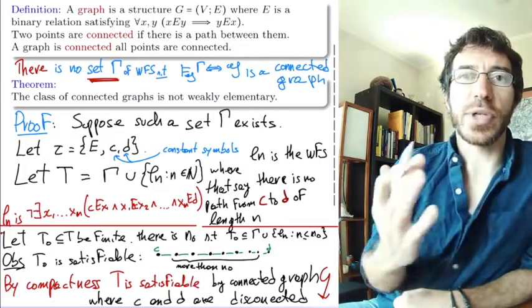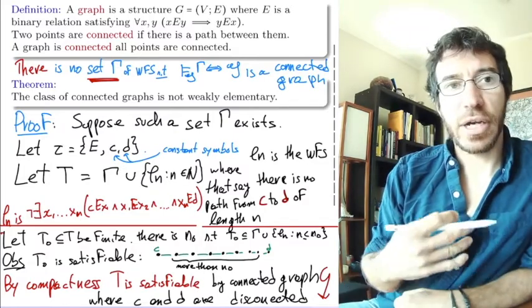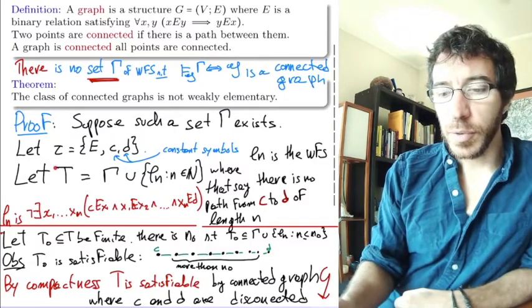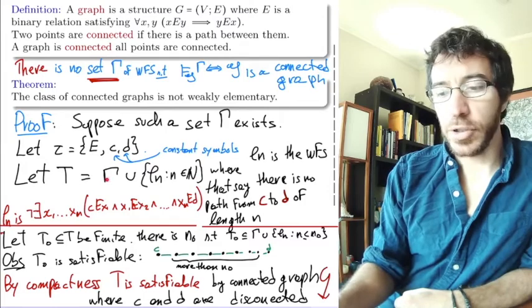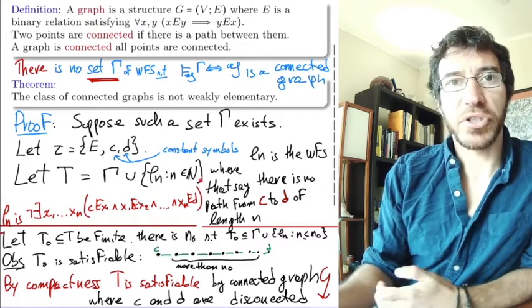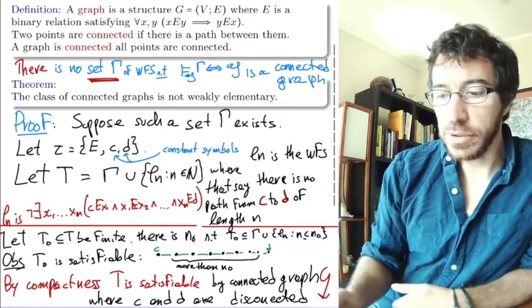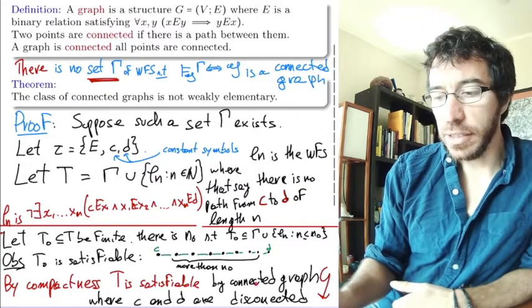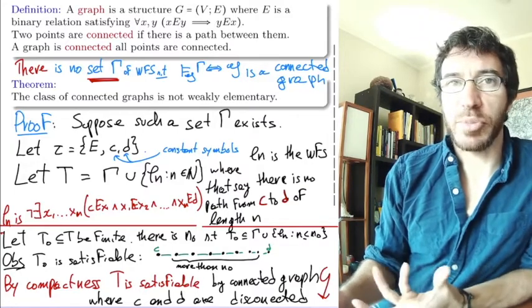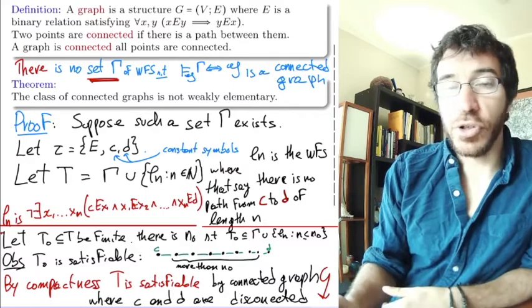And then we put all these sentences together. Now a model of T would be a connected graph where there is no path at all between C and D. So that cannot happen. You cannot have a connected graph being connected, but at the same time two points being disconnected. So this should have no models at all.